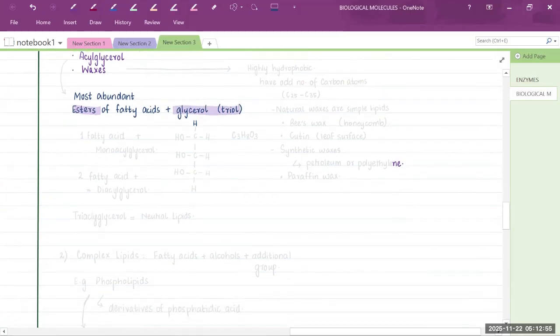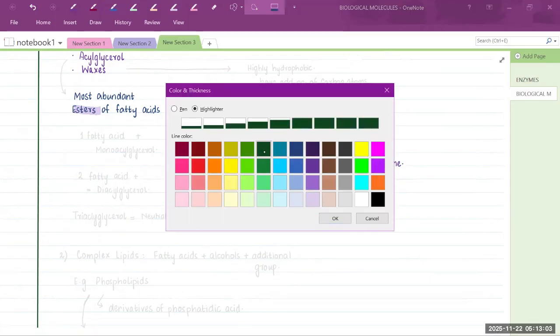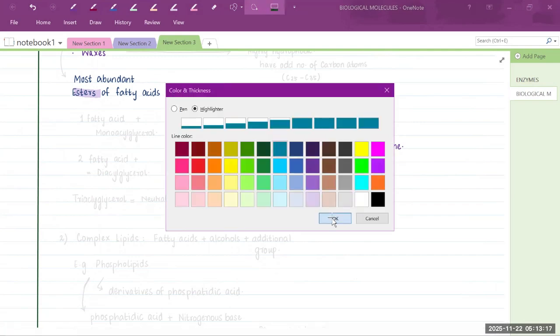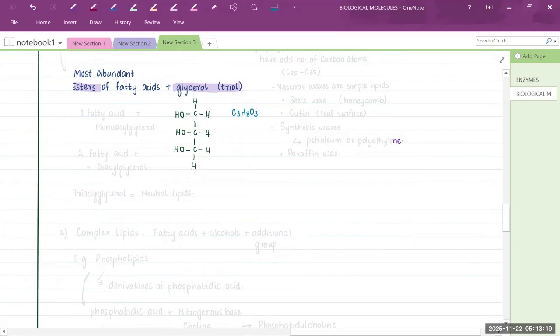Glycerol is a triol, and the structure for glycerol is this. Okay, so we have a 3-carbon compound with three OH groups, and that means it is a triol. The formula for this is C3H8O3.